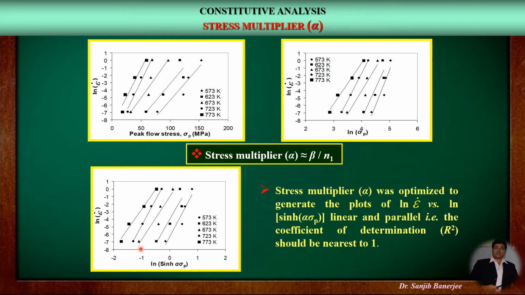Now the stress multiplier alpha may be optimized to generate these plots as linear and parallel as possible, that is, the coefficient of determination, r square, should be nearest to 1. So these are the methodologies through which the stress multiplier alpha may be optimized or approximated.